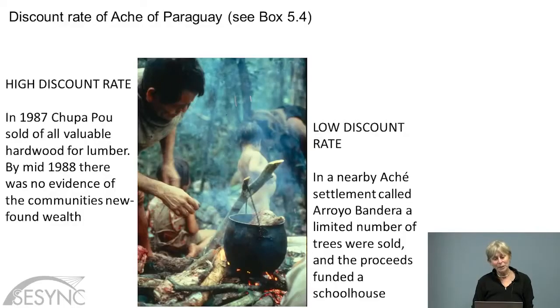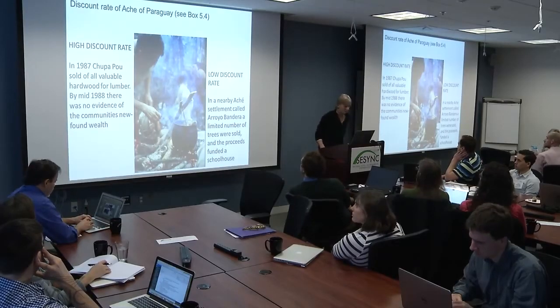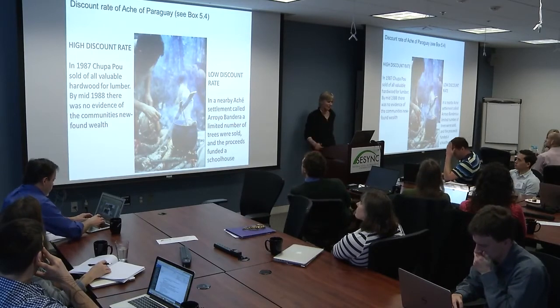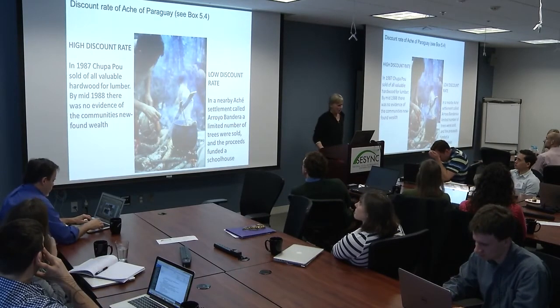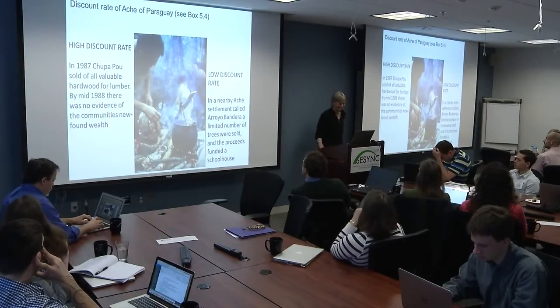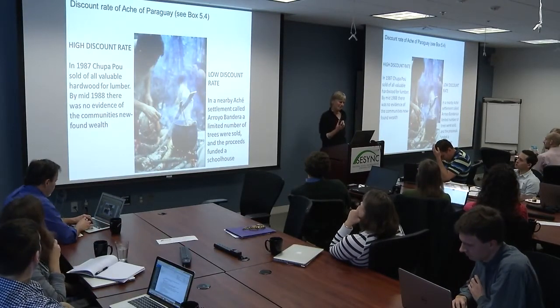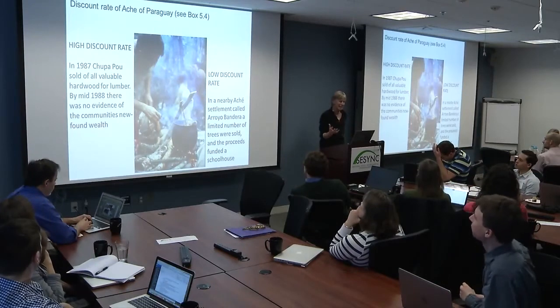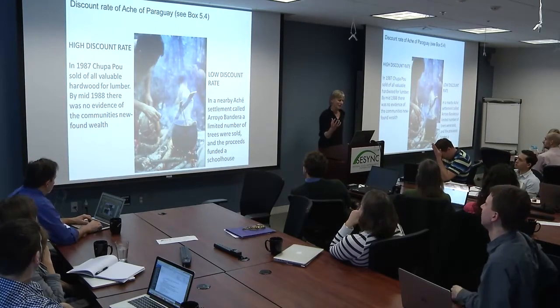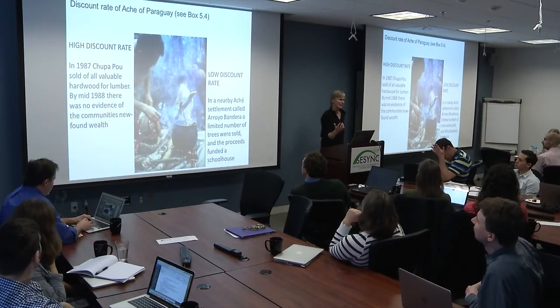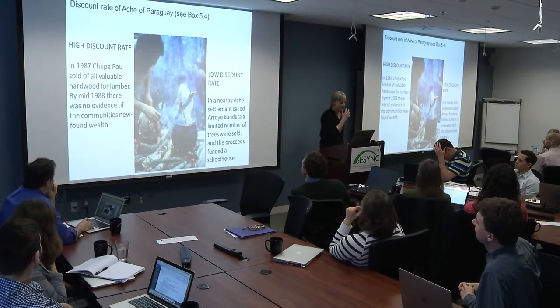And finally, we know that discount rates vary extraordinarily between different communities. Sorry about these box numbers from my class, which relate to my textbook, which you should all have read. So for high discount rates, there's a really nice example from the Aché, who received 2,000 hectares of forest in the early 1980s to manage as an indigenous reserve.